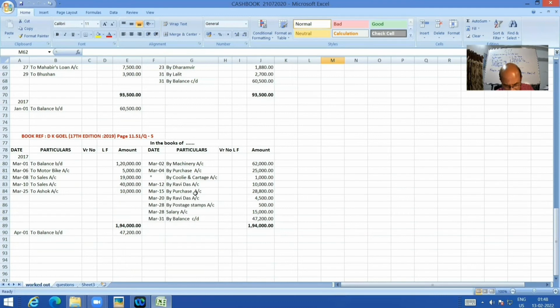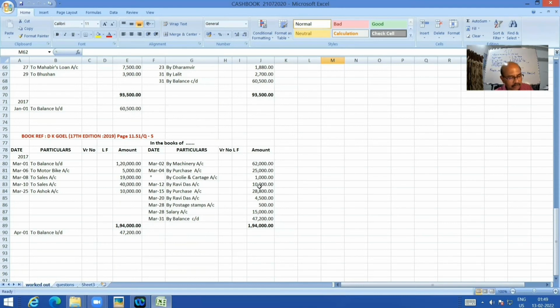Paid to Ravidas on account 10,000. By Ravidas 10,000. You may be a little confused. What is this on account? On account means as of now I have not taken the goods from him. You just keep this money. Tomorrow morning or next week I am coming to take the goods, to purchase something from you. Against that I am giving you this. I will just keep your name in my ledger.